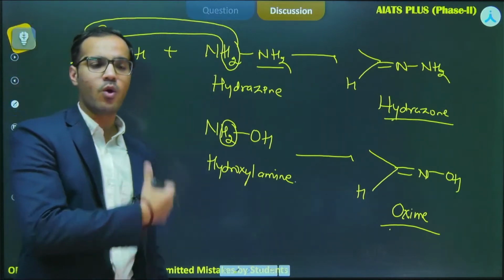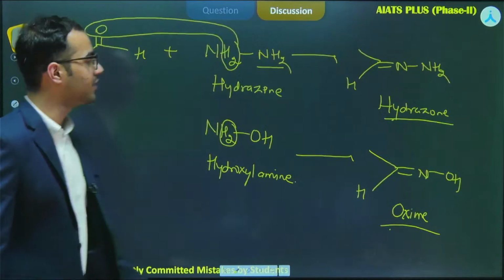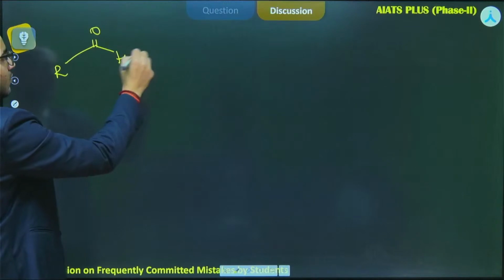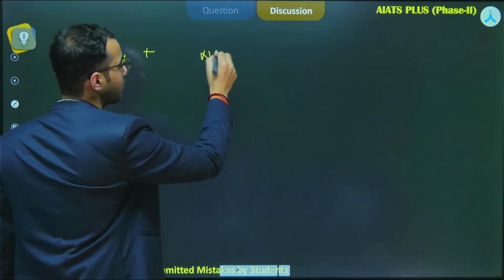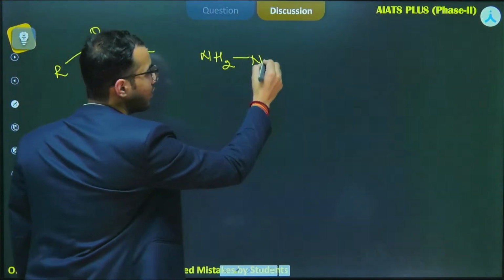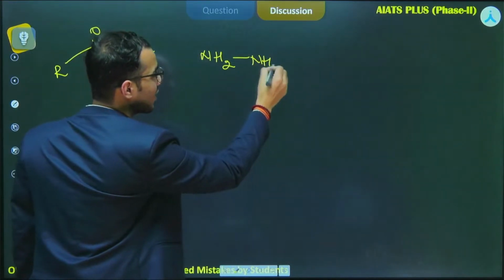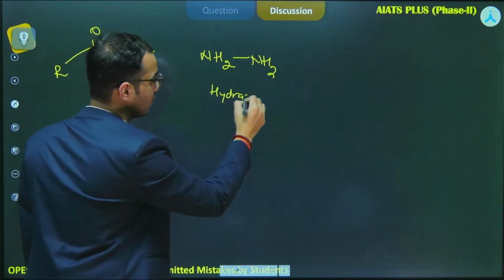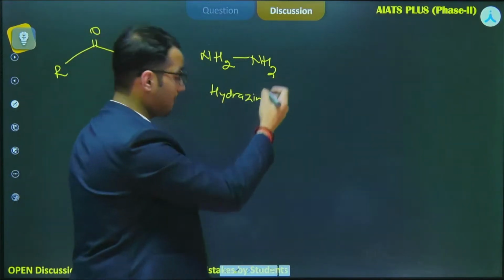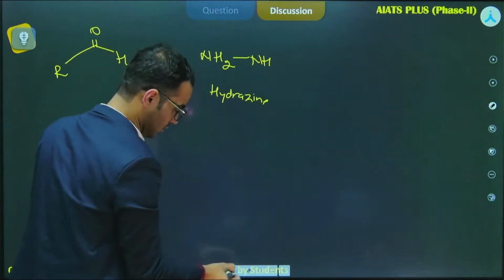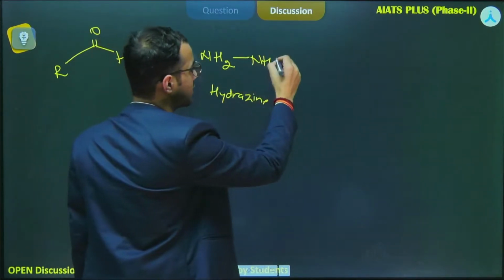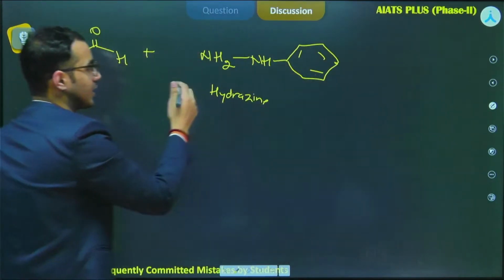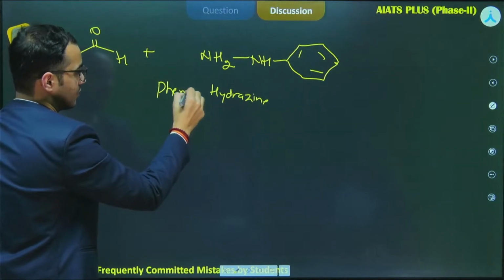Let us discuss some more reagents reacting with an aldehyde. Let us see. This is hydrazine, we have already discussed it, but if I replace one hydrogen of this and put a phenyl over this, you are getting phenylhydrazine.